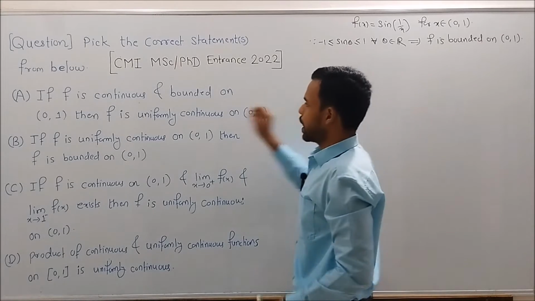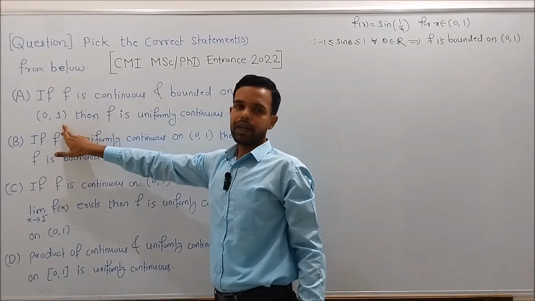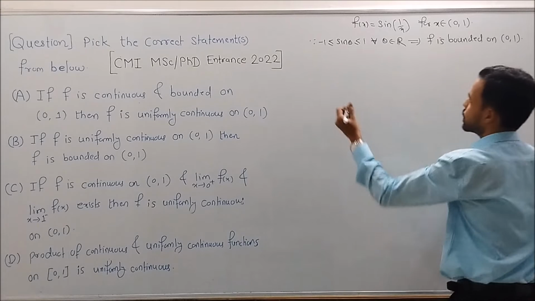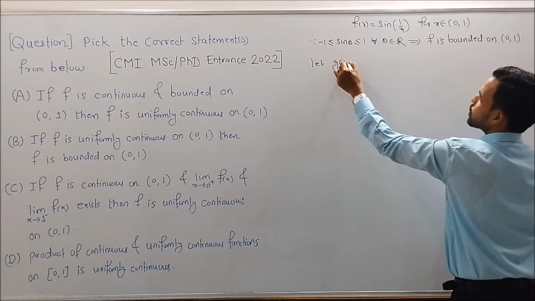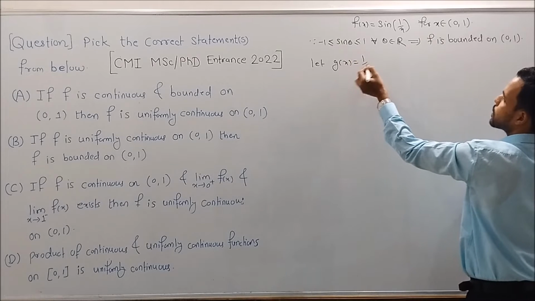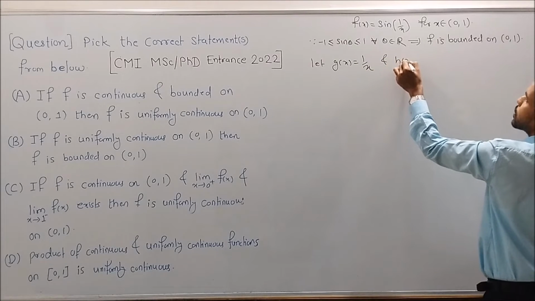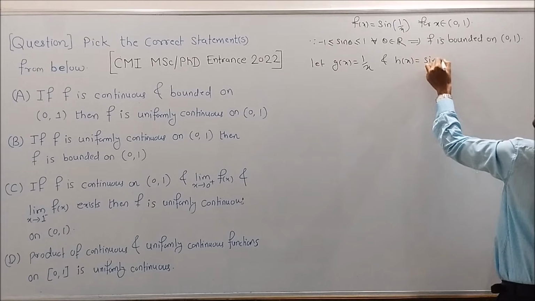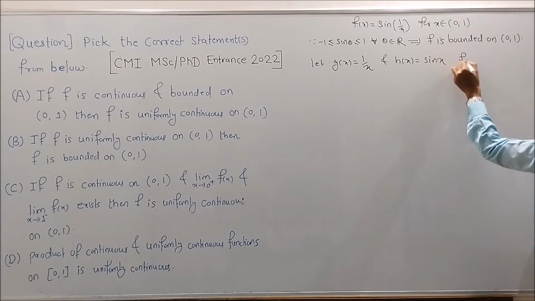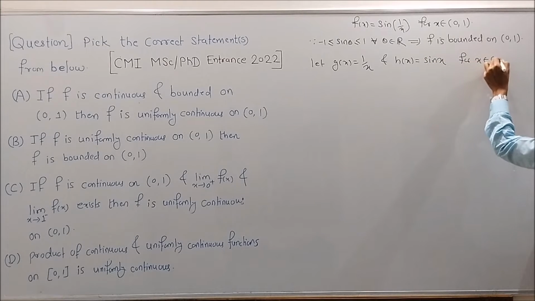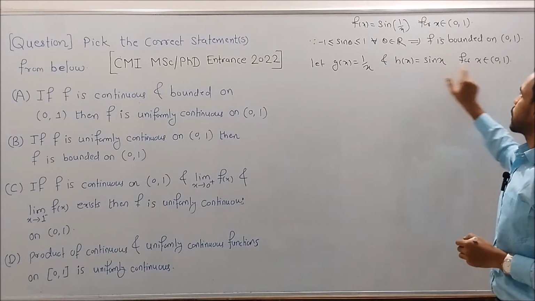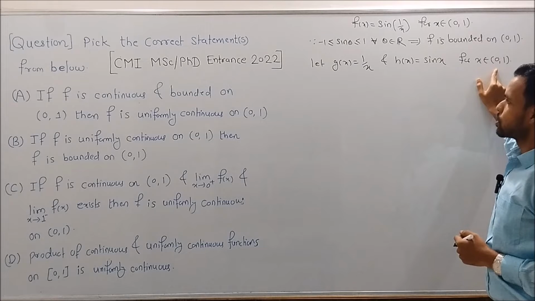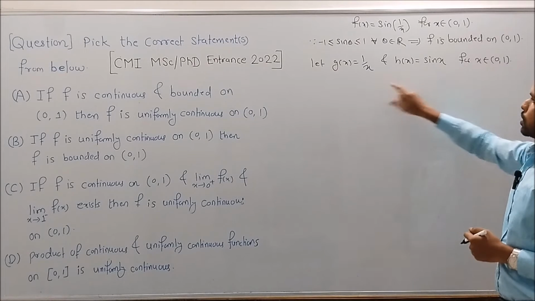Now, I will show that f is continuous on the open interval (0, 1). To see this, let g(x) = 1/x and h(x) = sin x for x belonging to the open interval (0, 1). Then it is clear that both g and h are continuous functions on (0, 1).